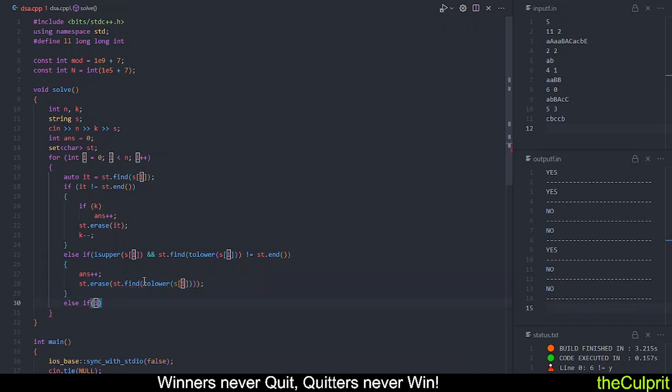Else if, I'll just copy this and change it. The current character is a lowercase character, and if you find an uppercase character, I will find it and delete it. That's it.